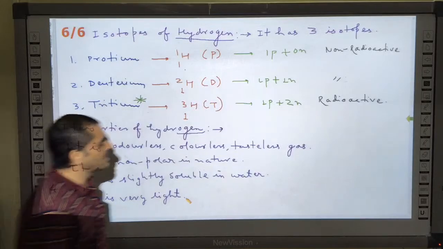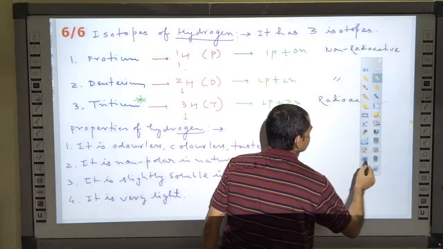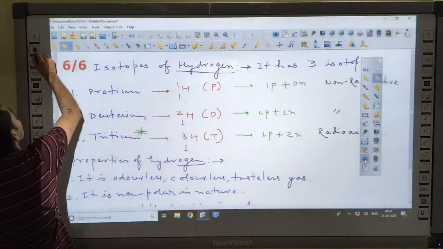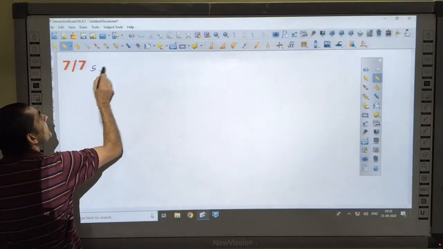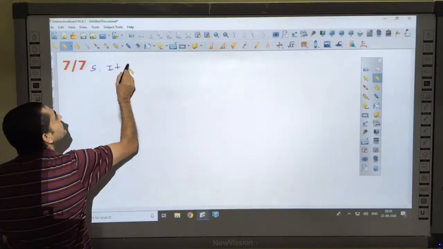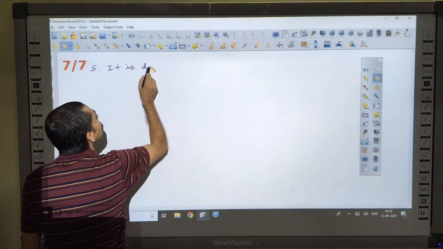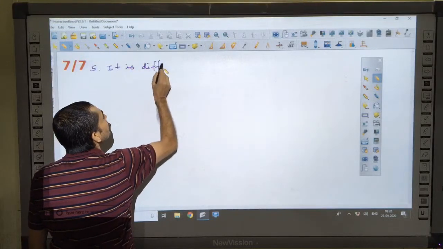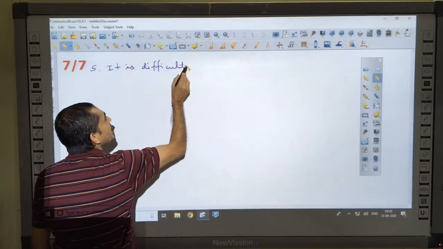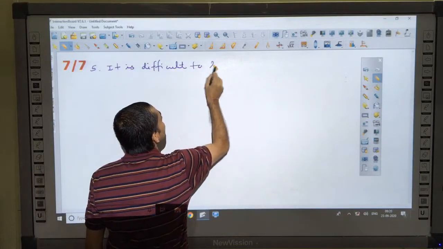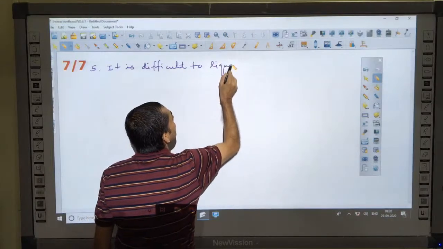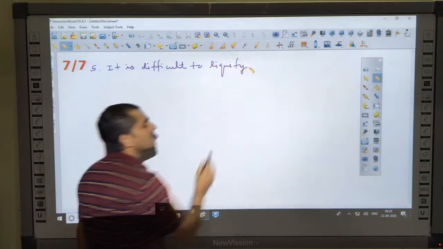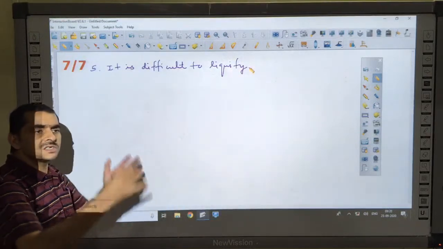Number fifth property, it is difficult to liquefy. It is in gas state, difficult to liquefy, means to convert hydrogen into liquid state.